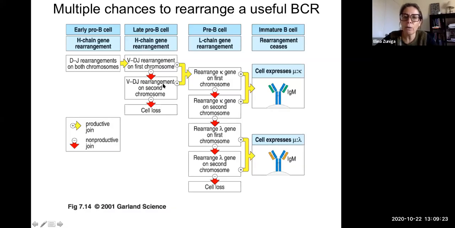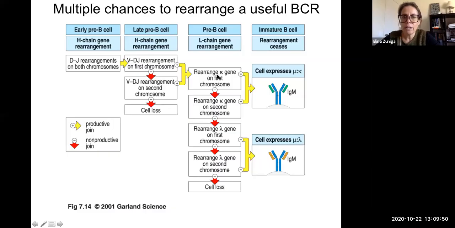It can now try to rearrange successfully the heavy chain locus in the second chromosome to express a functional pre-BCR. If that's successful, it's the same: it will pass the first checkpoint with a pre-BCR, proliferate, and differentiate into the next stage of development.